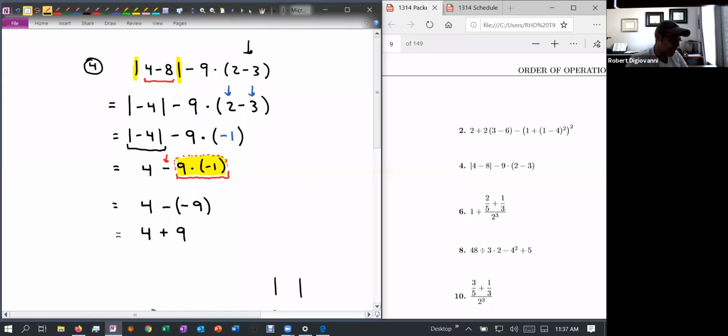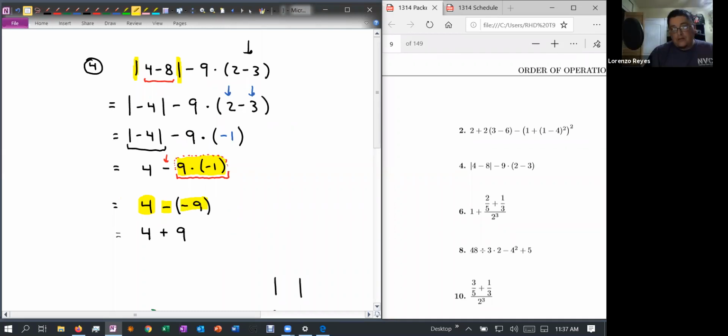It's kind of weird. You can still think of it like money, but it gets a little crazy to think about this way. If we say 4, that means you've got $4 in your pocket. And then we say take away someone who owes you a negative amount of money, which means that they actually owe you $9. Does that make sense or no?